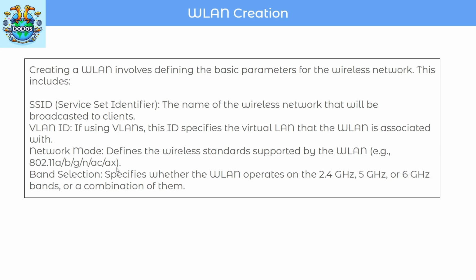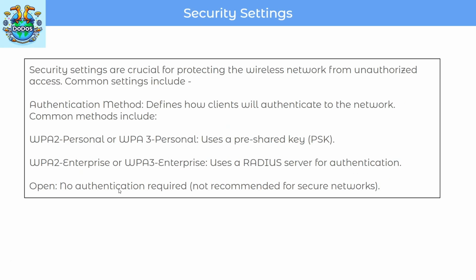And then band selection, which specifies whether the WLAN operates on 2.4 GHz, 5 GHz, or 6 GHz bands, or a combination of them. Security settings. Security settings are crucial for protecting the wireless network from unauthorized access. Common settings include the authentication method, which tells how the clients will authenticate to the network.